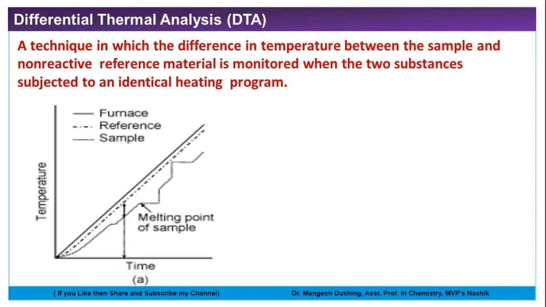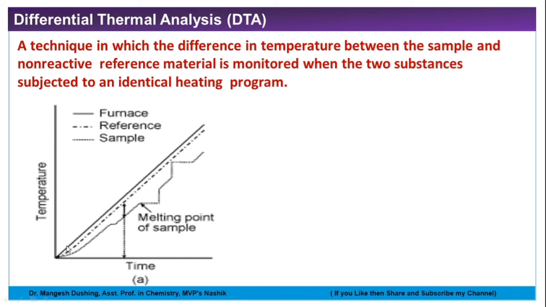The thermal curve is a plot of the difference in temperature between sample and reference as a function of temperature. There is no difference when the sample does not undergo any chemical or physical change. However, if a reaction takes place, there will be a temperature difference, that is delta T, between sample and reference material. Friends, this is just the difference between the temperature of the sample and the non-reactive material.